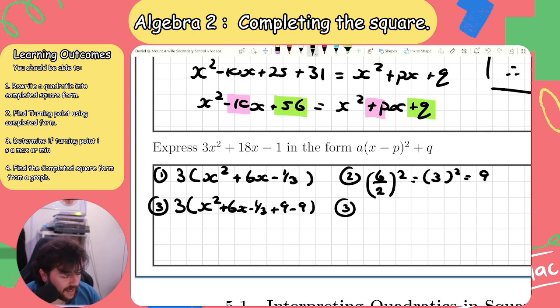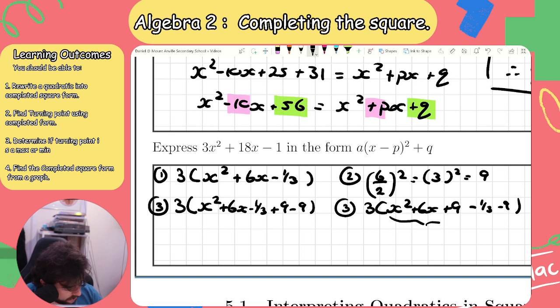Rewrite it now so I can isolate the perfect square. So I'm left with 3 times (x squared plus 6x). Remember, I'm going to get this positive 9. I add it in here, bring it over, plus 9 minus 1/3 minus 9. Step 4, isolate the perfect square.